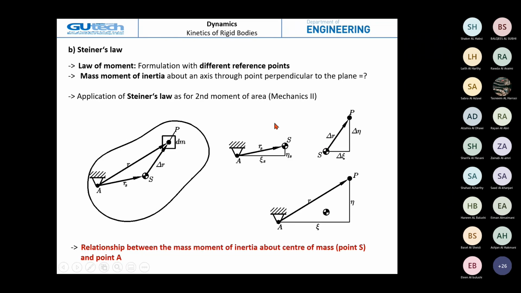Now, if we look at the relationship between the mass moment of inertia about the center of mass point S and point E: what we have seen is that the moment of inertia is given about S. If we want to calculate it about E or about P, in this case, we use what we call the Steiner.